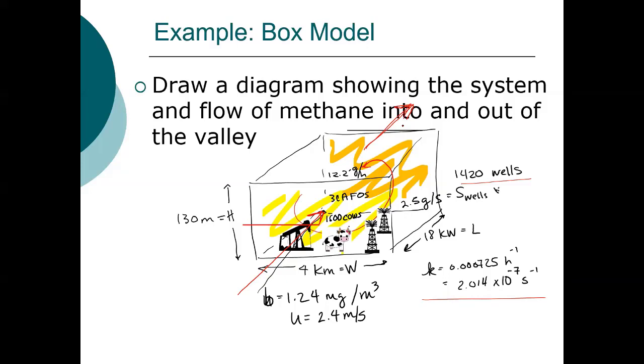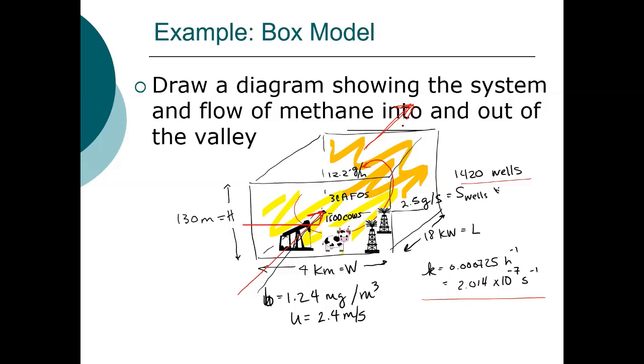You were given a height of the mixing zone. You were given the length, the width, parameters about the number of CAFOs, or concentrated animal feeding operations, number of animals in each, and the amount of methane produced by each cow.